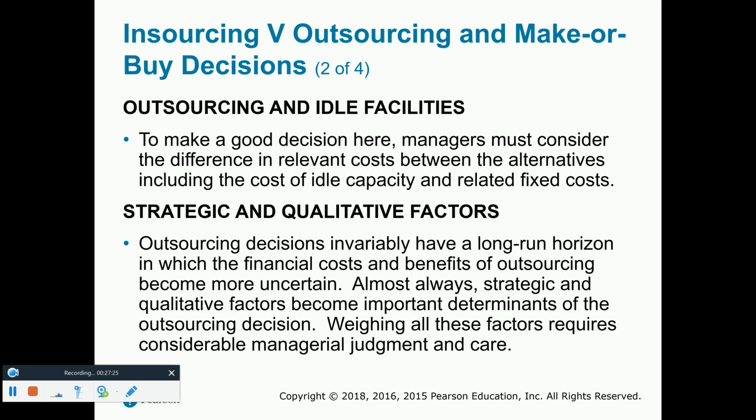So this is something we need to understand. Outsourcing decisions, obviously, might have a long-run horizon. We might have to sign a contract for 5 years or 10 years. So certainly this is a strategic decision that we need to make because it's not going to affect just the current period.